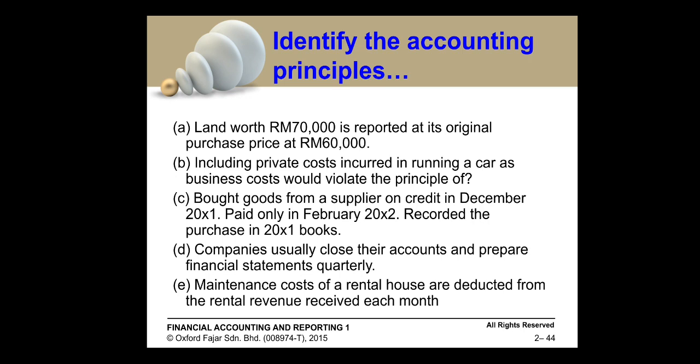Land is an asset. So in situation A, now the land value is 70,000, but the purchase price of the land maybe several years ago was 60,000. So land is reported at its original price of 60,000. So the principle that is relevant for this situation is historical cost.